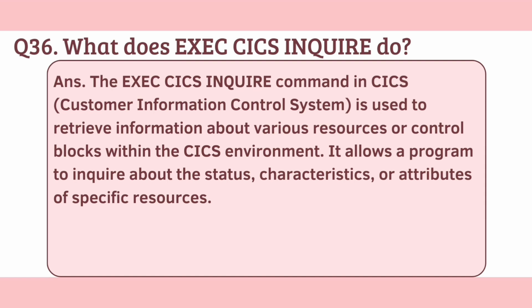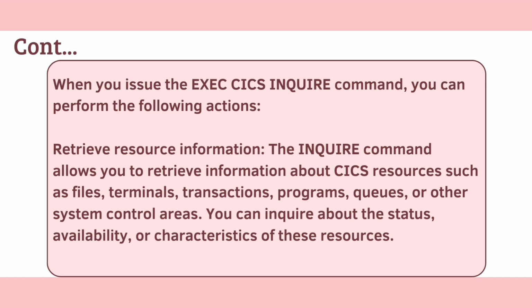It allows a program to inquire about the status, characteristics, or attributes of specific resources. When you issue the EXEC CICS INQUIRE command, you can perform the following actions. Retrieve resource information.